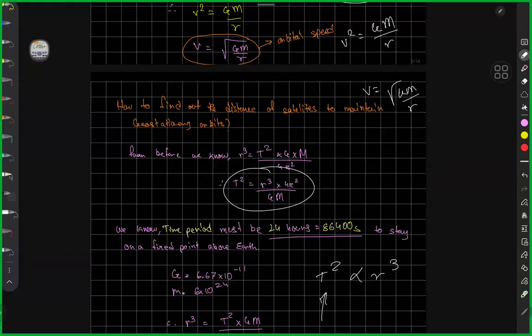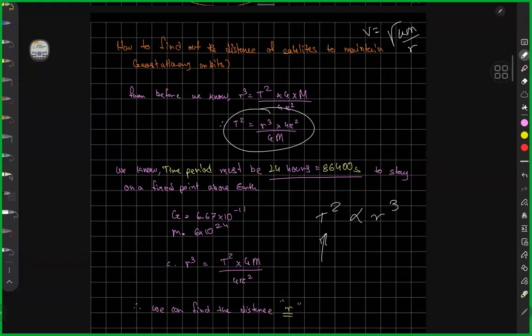Now, what should the time period be for a geostationary orbit, guys? I hope you said 24 hours. I'm going to move on with that. If it's 24 hours, convert to SI units, and it's going to be 86,400 seconds. Great. So it will stay fixed to a point above Earth.